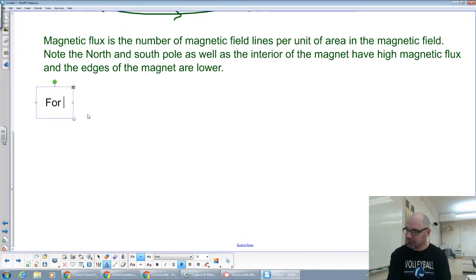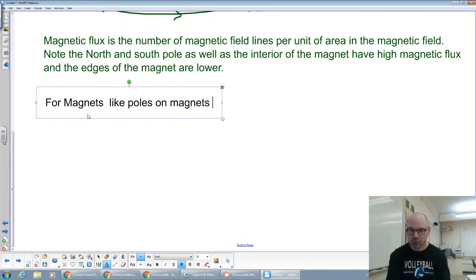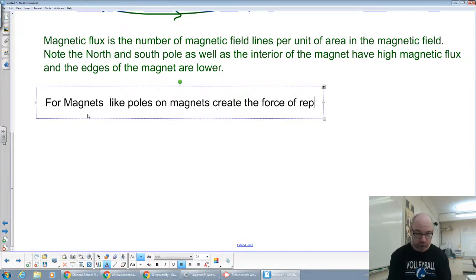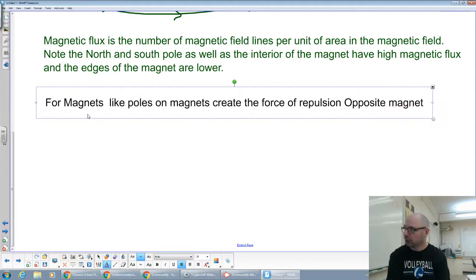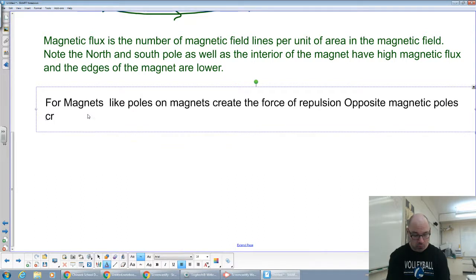For magnets, like poles create a force of repulsion, and opposite magnetic poles create the force of attraction. It's similar to our electrostatic stuff.